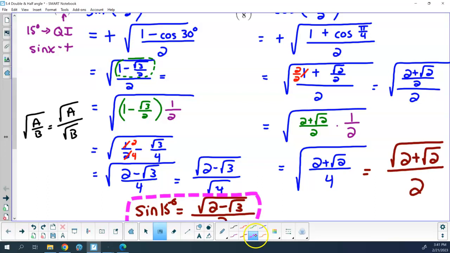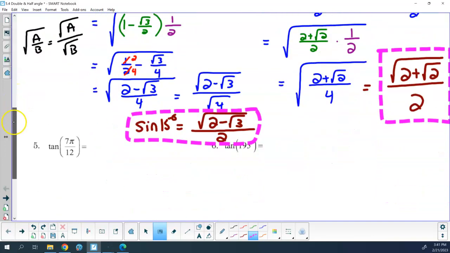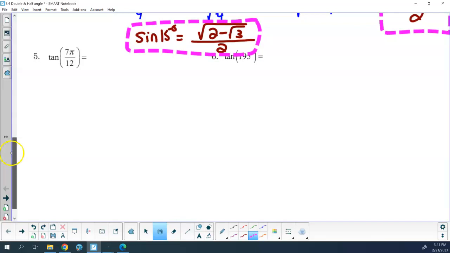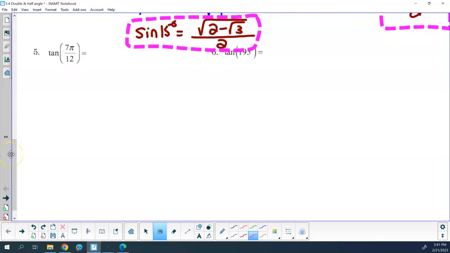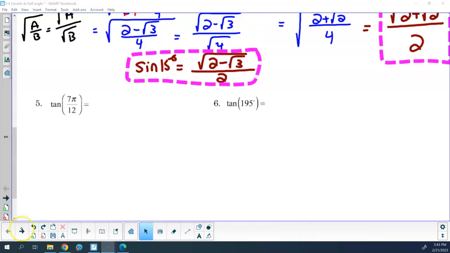Lots of 2's in that problem. Lots and lots of 2's in that problem. Okay? Just to give you a sneak peek here.